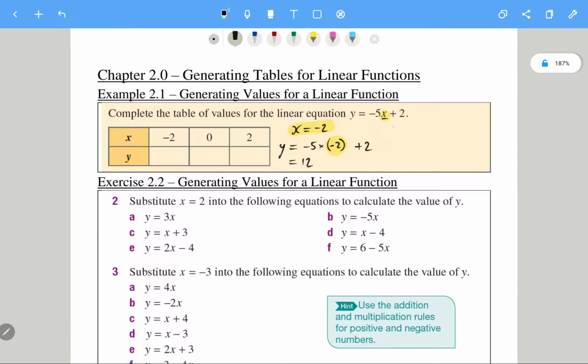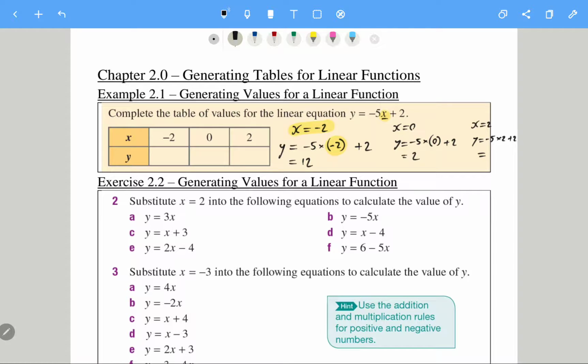Alright, the next value we're going to be substituting in is x equals 0. So y is equal to -5 times 0 plus 2. -5 times 0 is 0, plus 2 is 2. And the last value we're substituting in is x equals 2. And once again, y is equal to -5 times 2 plus 2.